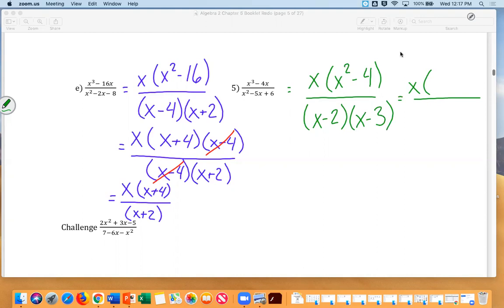I think Ms. Puckett's probably like, why are we asking this? We all know it's 2 and -2. Let's just move on with the lesson. So we have x plus 2 times x minus 2. And then on bottom, we have x minus 2 and x minus 3.